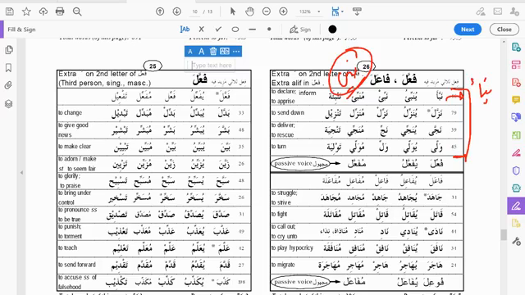All right, let's see qatala and qatala. To kill or to fight. Just a note: the word qatala does not always refer to actual killing per se.